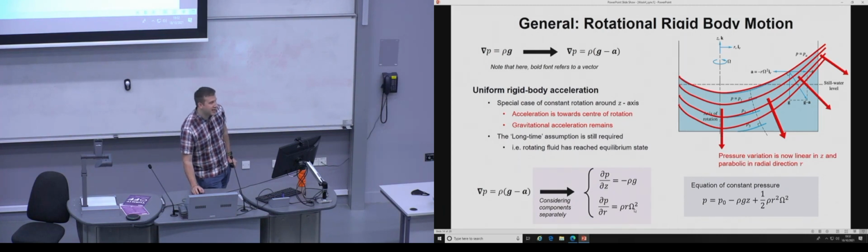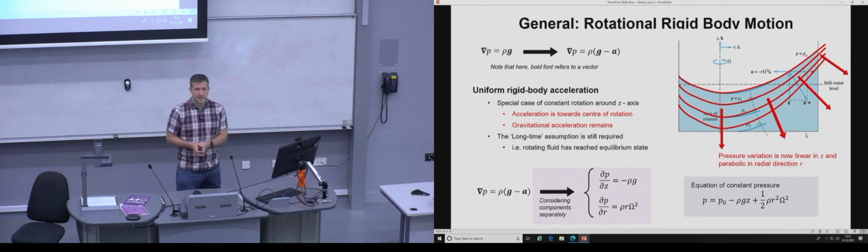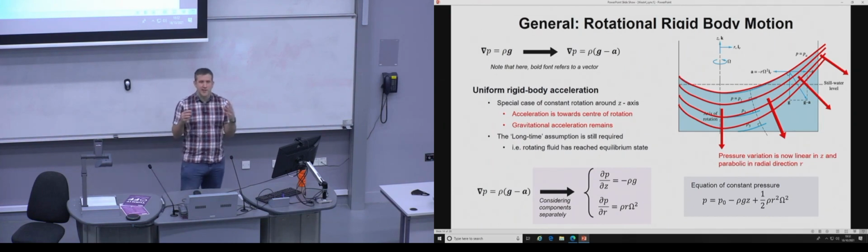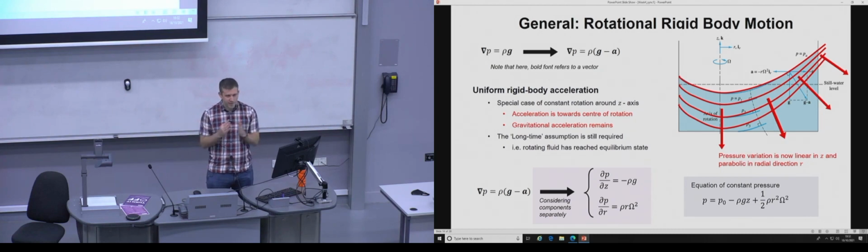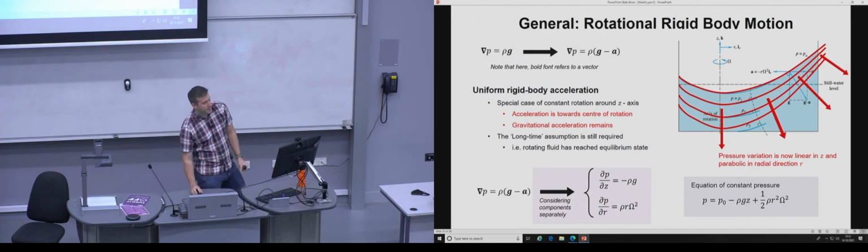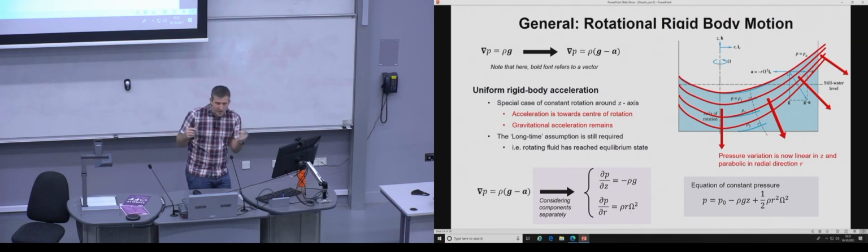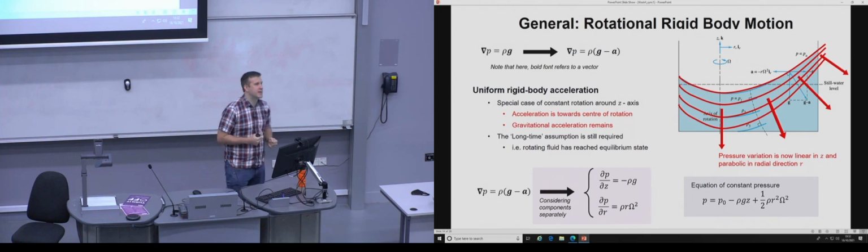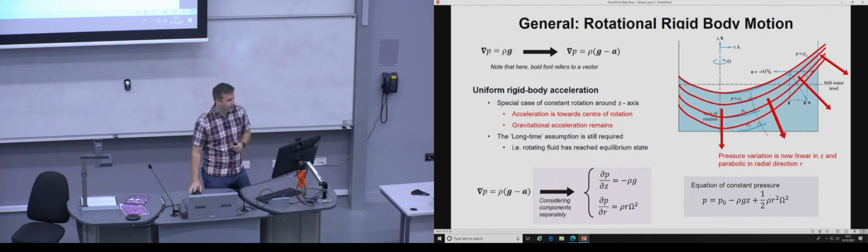And depending on your angular velocity, this will increase. And as you can imagine, as you increase the angular velocity, there's going to be a greater force to the sides of the tank. So the pressure is going to increase in the direction of the radius. That's why it's positive. dP over dr has an increase in the same direction as r. So the farther you go away, the greater the pressure is going to be increasing.